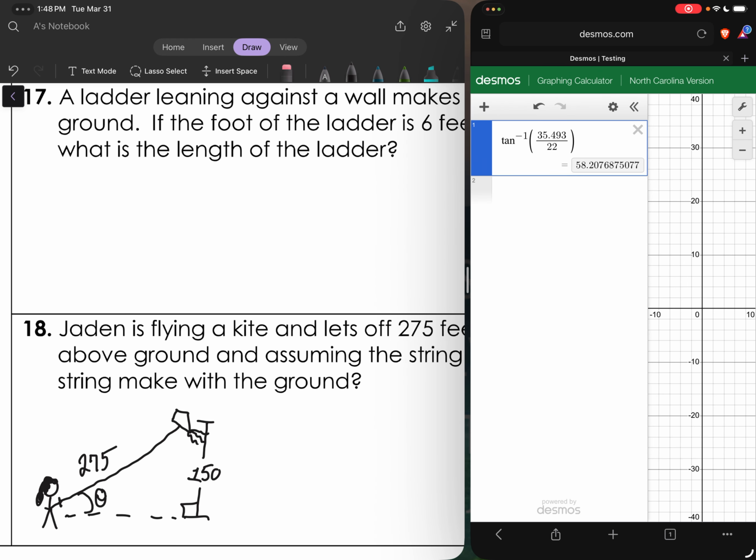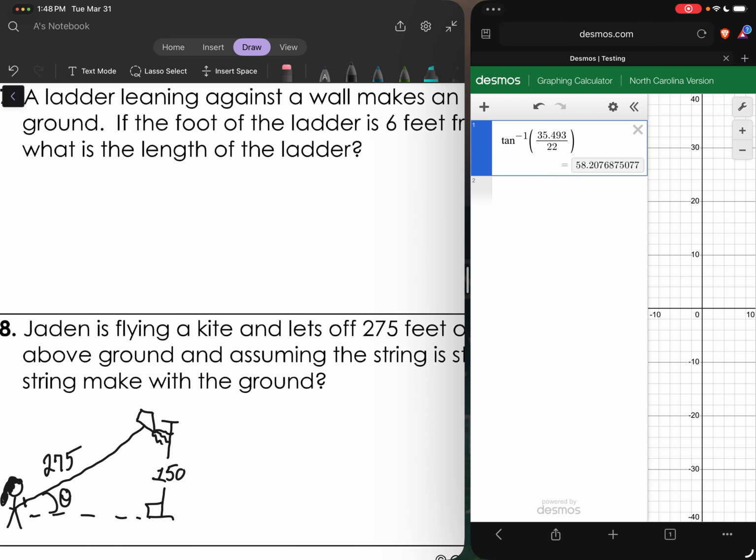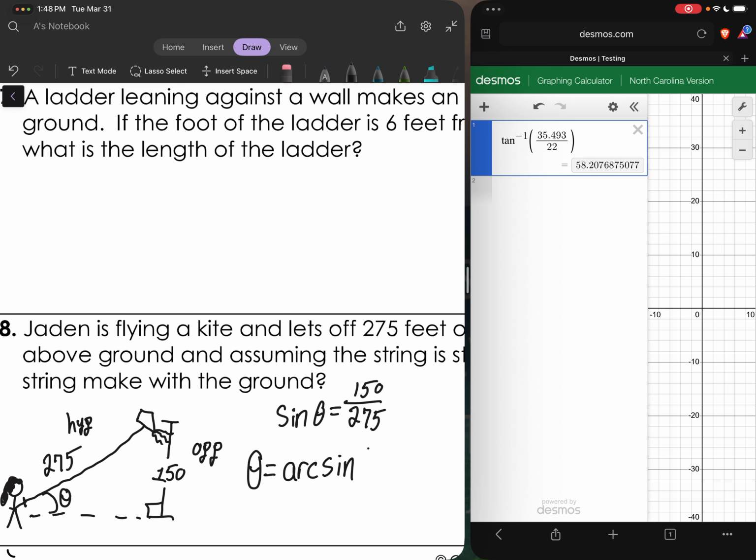All right, now, I have the opposite in the height, and I have the hypotenuse in the string. Sine of theta is equal to opposite over hypotenuse, 150 over 275. So my theta is going to be equal to arc sine of 150 over 275.